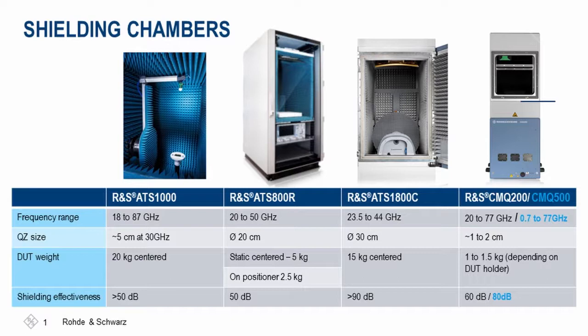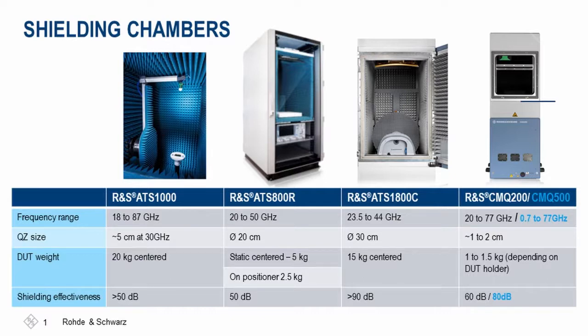So coming to the ATS 800R, this is a cost-efficient shielding chamber. As you see, this is a test track changed to a shielded chamber, and you do have space for instrumentation, and especially you have to look at the compact reflector used in both ATS 800R and ATS 1800C, which means this is an indirect far field measurement.